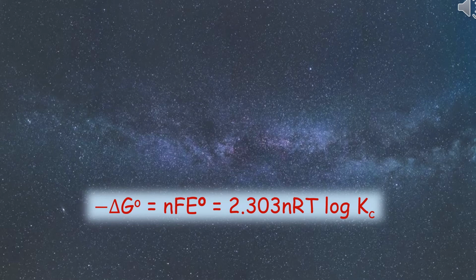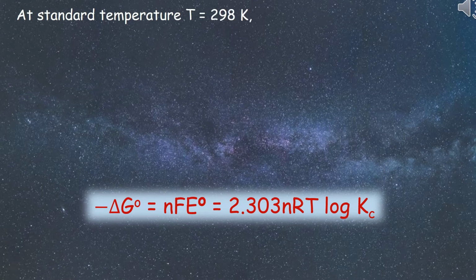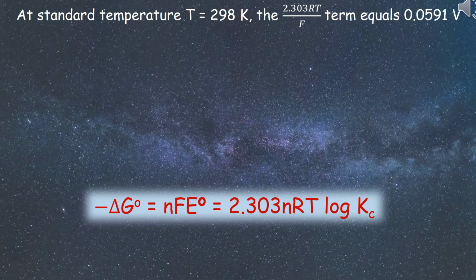Now if we keep the temperature at 298 Kelvin, which is quite simple because we can always air condition our laboratory to such a condition, that is 25 degrees Celsius, then the factor 2.303 RT divided by F is basically a constant.